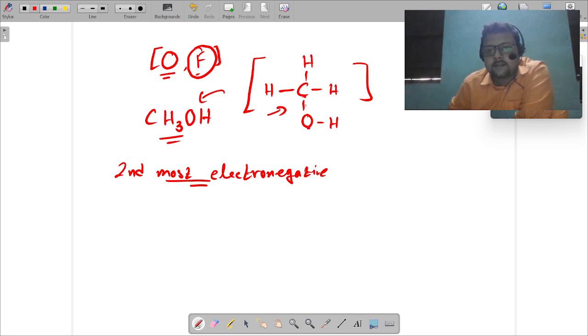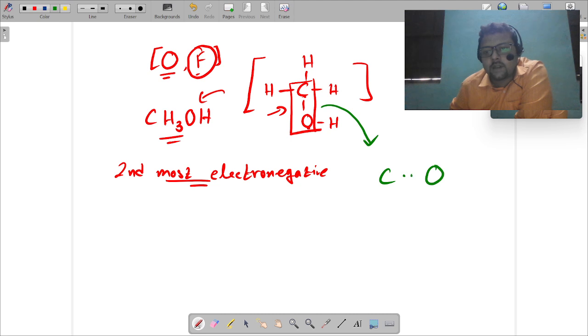In this case, let's focus on the covalent bond of carbon and oxygen. This bonding is formed by the sharing of electrons between the carbon and oxygen atoms. These two electrons we term as bond pairs.